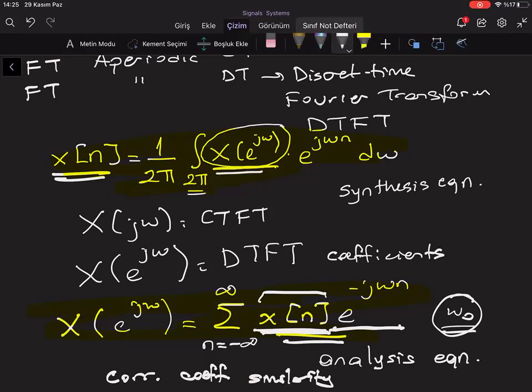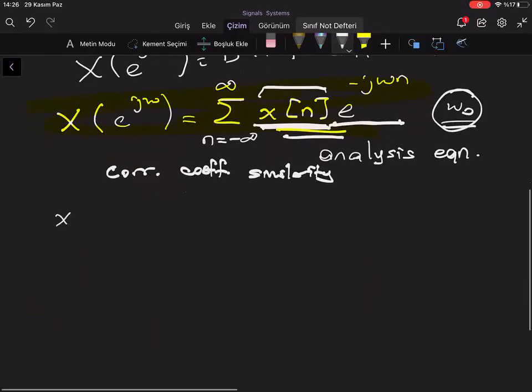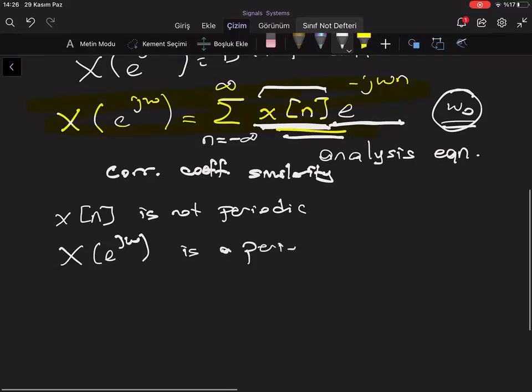this means my Fourier coefficients are periodic. My signal x of n is not periodic, but my X(e^jω) is a periodic function.